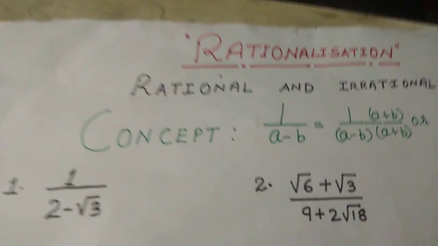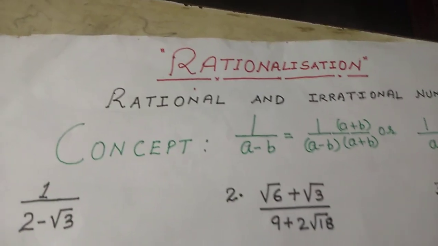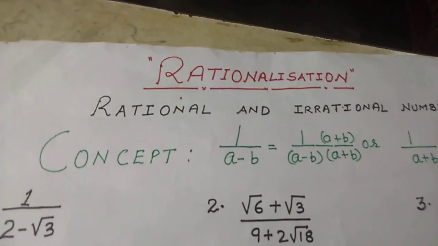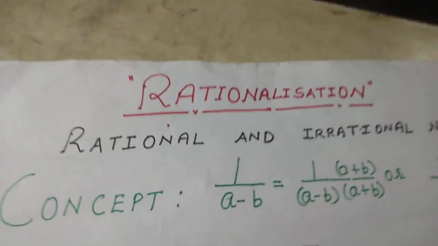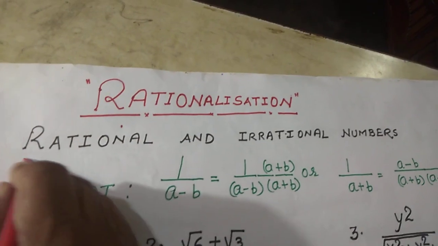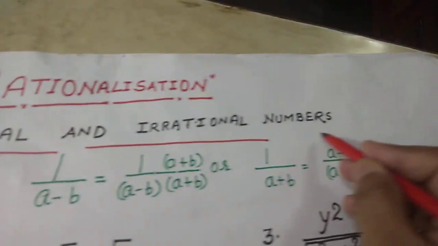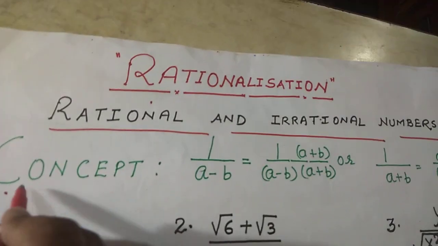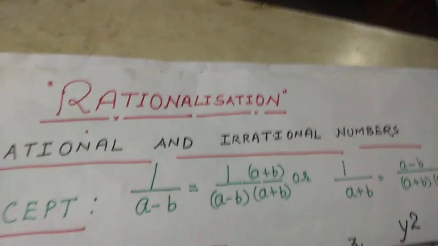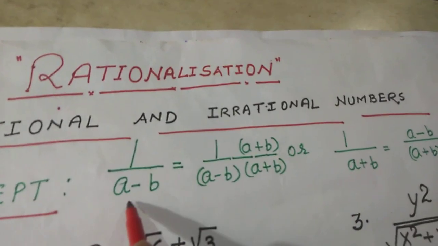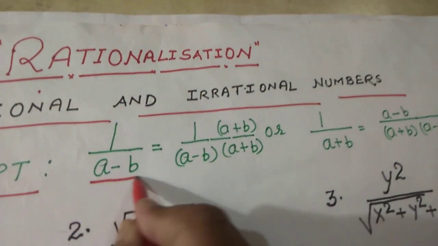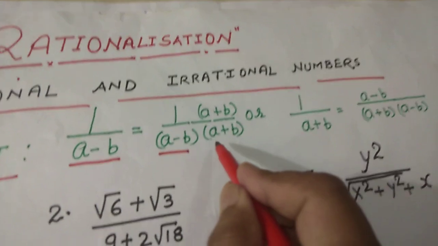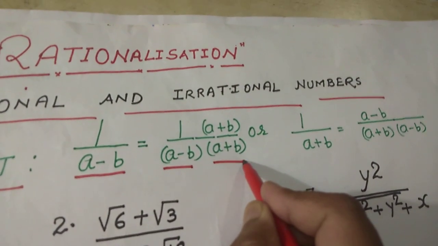Now see, children, I have already written here rationalization, and rational and irrational numbers, and then the concept. What is the concept here? Very simple concept. 1 upon a minus b, and the conjugate of a minus b is a plus b.